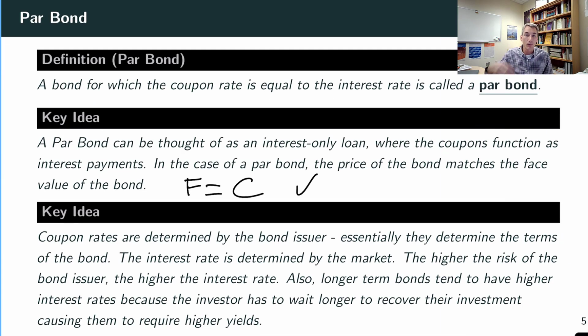We also have a couple other definitions. First, premium bond. So what is a premium bond? If the purchase price of a bond exceeds the face value of a bond, it's called a premium bond. So what does that mean? Essentially, it's actually down here in the key idea, a premium bond has a coupon rate larger than the yield rate.